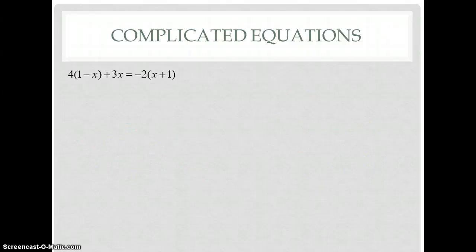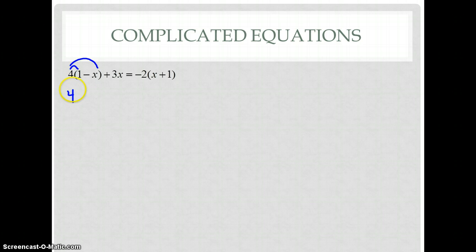Getting into a little bit more complicated equations, we have some parentheses. So again, we just have to fall back on everything that we know to this point, the distributive property, combining like terms, those types of things here. And we'll start off on this problem by distributing on both sides here.